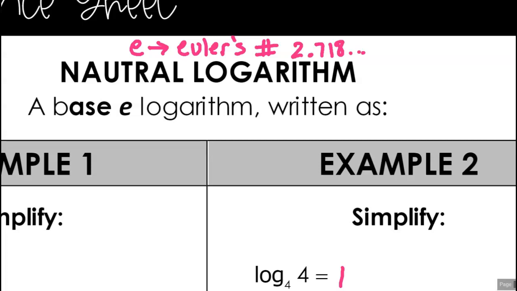Anyway, whenever a log has a base of e, which is Euler's number, it's called a natural logarithm. Now, because this number appears so much in nature, they were lazy and didn't want to write out log base e of something. Apparently, that was too long for them to write.